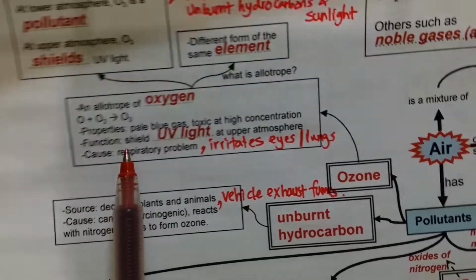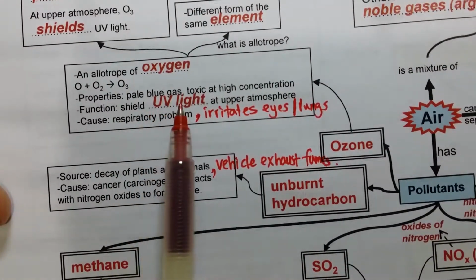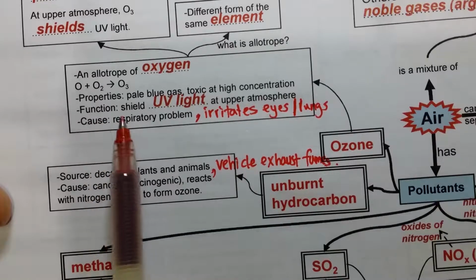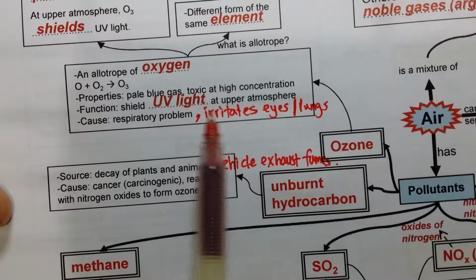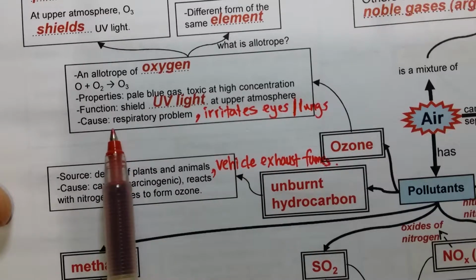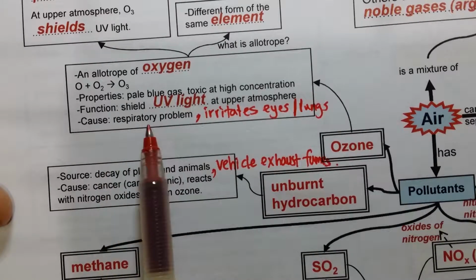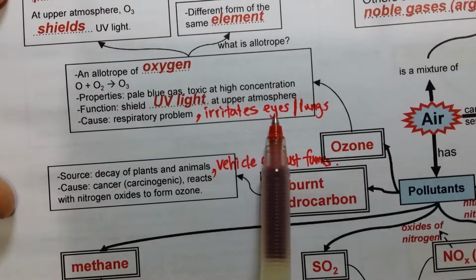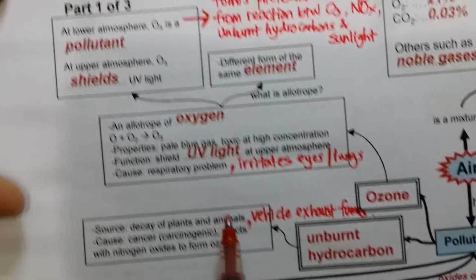The properties of ozone: it is a pale blue gas, and it is toxic at high concentration. The function of ozone is to shield UV light at the upper atmosphere. Ozone can cause respiratory problems, that means breathing difficulty, and it can irritate eyes and lungs.